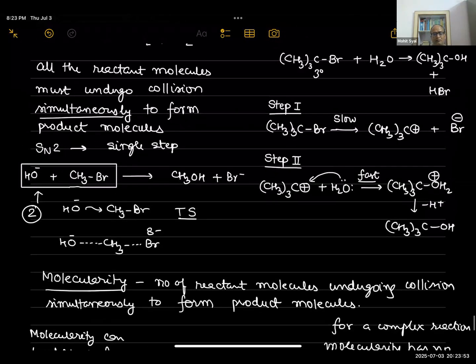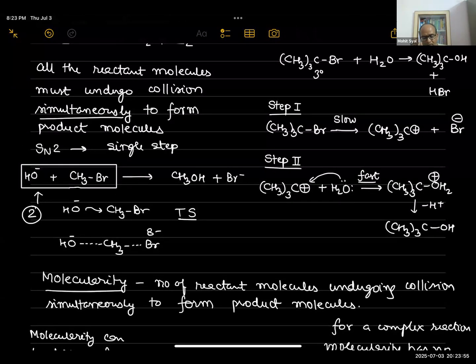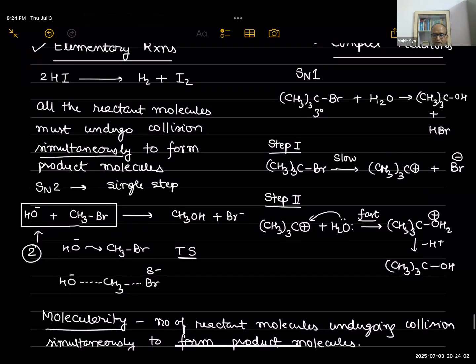Why is the overall molecularity of a complex reaction meaningless? Why is it so? Because the reactants won't directly give the products; they have to undergo steps, so it won't carry a meaning.